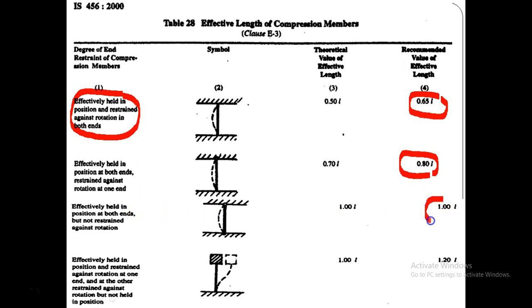So here the total length has to be considered, and the effective length is going to be 1.0 multiplied by L. And then the fourth case is effectively held in position and restrained against rotation at one end, and the other end restrained against rotation but not held in position, so that is a free end. Now here the length is increased, so that is 1.2 L.